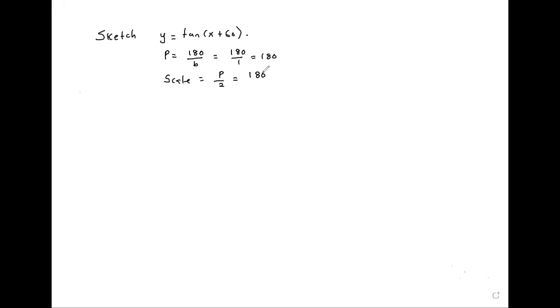So 180 by 2, giving us 90. And then we want to sketch. Remember, we are guided that we must sketch between negative 180 and positive 180.